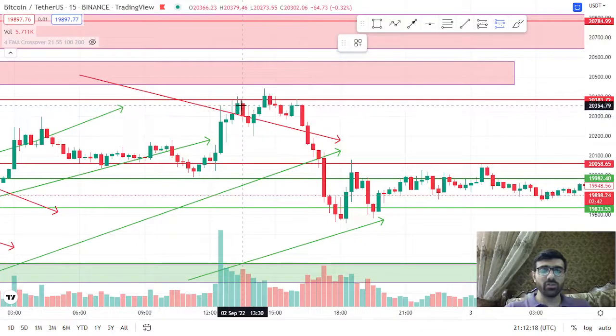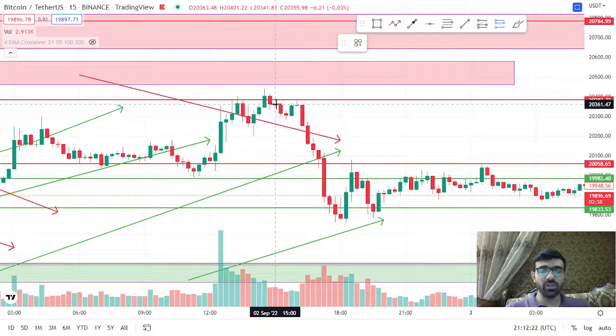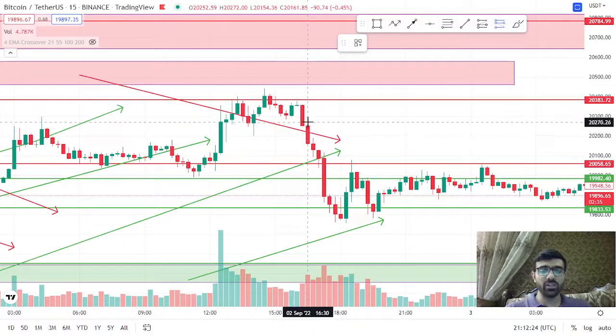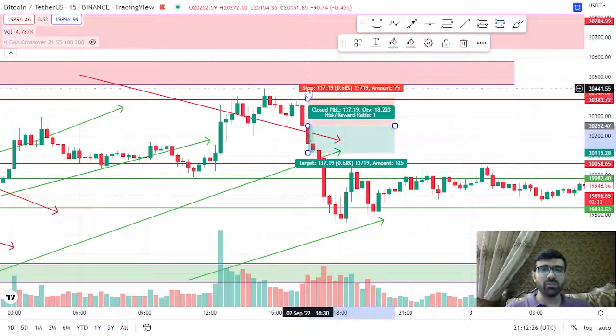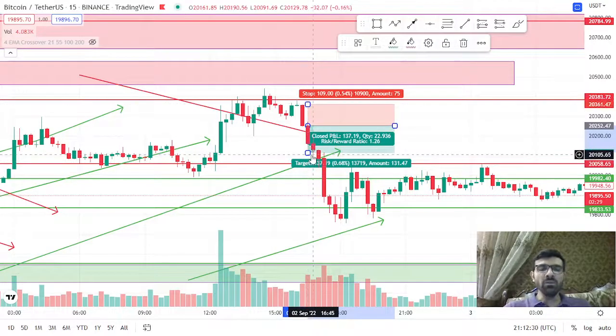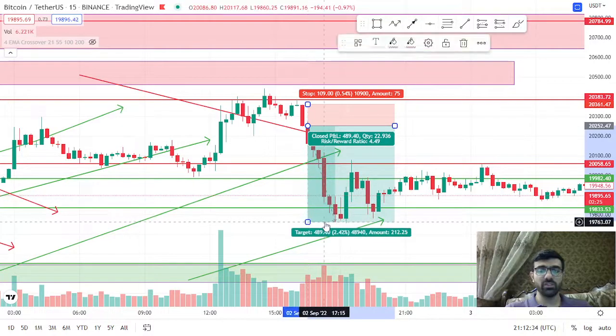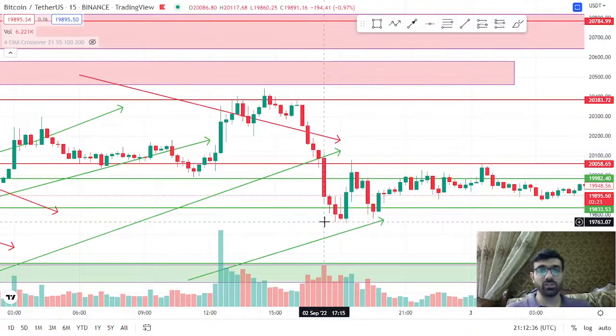Okay, if you guys would have not gone short from here, then definitely from here or from here, this was the last opportunity to sell at the safest opportunity to have. Okay, so the amount of profit would be simply 4.4%, which is huge.